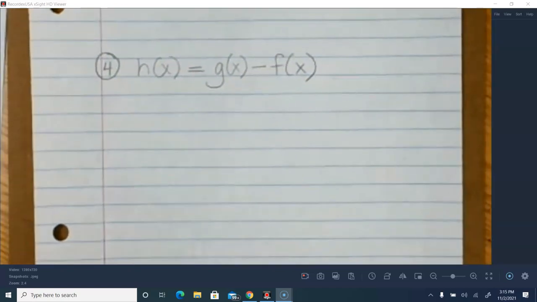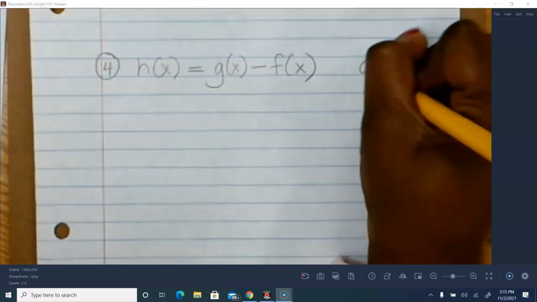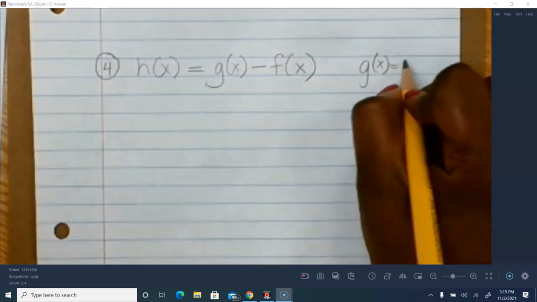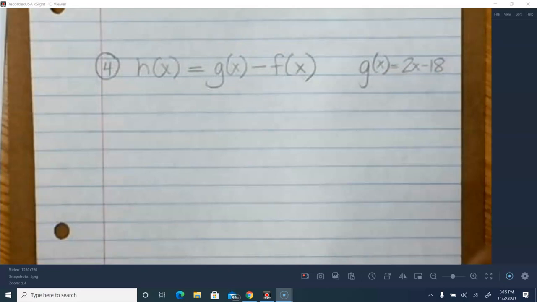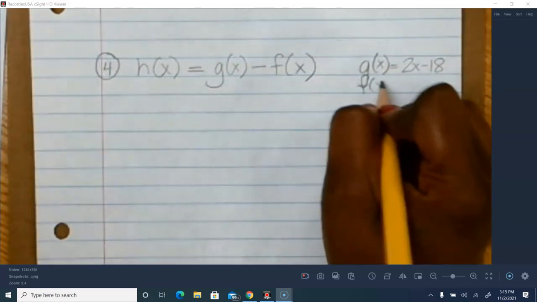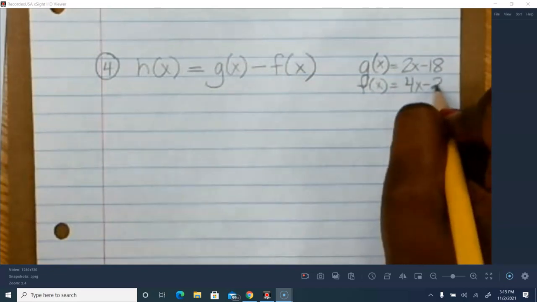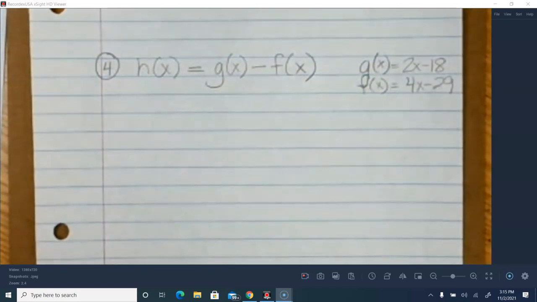Now, what do I know? I know that g of x is equal to 2x minus 18, and I know that f of x is equal to 4x minus 29. So I'm going to substitute in what I know.